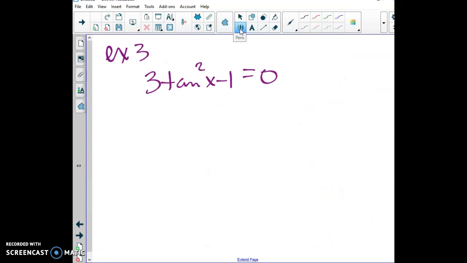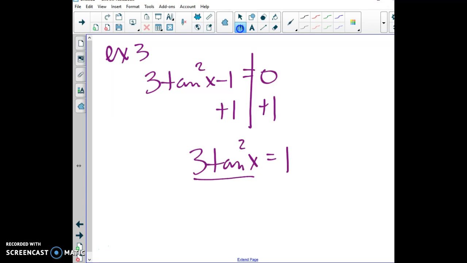So example 3 says we're going to use the fact that we can extract square roots. We're going to solve 3 tangent squared x minus 1. First step, we're going to add or subtract. So we get 3 tangent squared x is equal to 1. We're going to divide by 3.